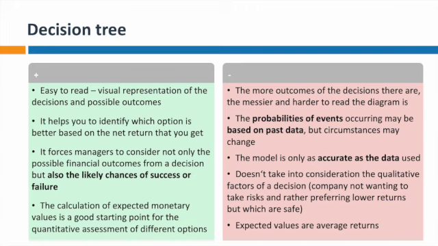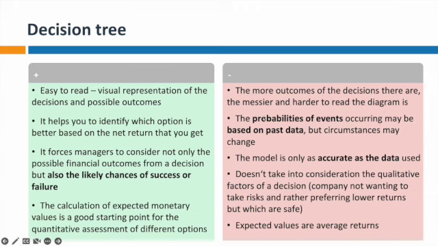So basically, you first start with the decision tree. You get a basic idea of which option might be the best, and then you dig deeper and do a more focused quantitative assessment of the different options.